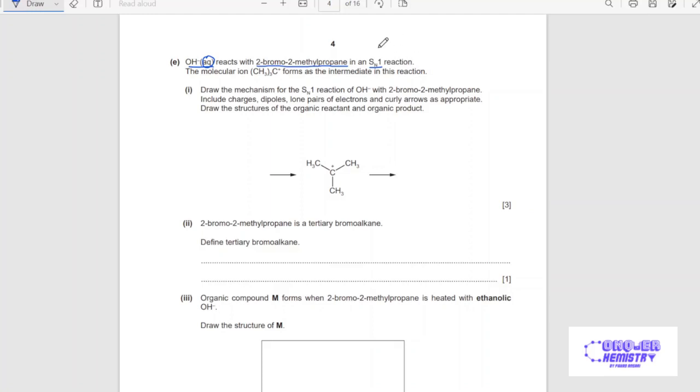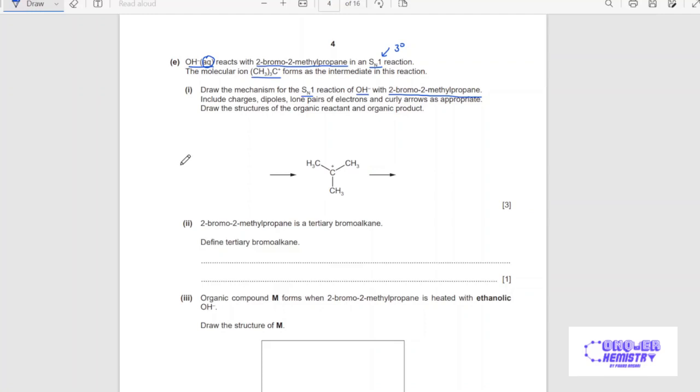Remember that SN1 reactions are for tertiary halogenoalkanes, right? And in this process, the molecular ion over here forms as the intermediate. So now we have to draw the mechanism for the SN1 reaction for the OH minus ions with 2-bromo-2-methylpropane, right? So let's draw the structure of 2-bromo-2-methylpropane.